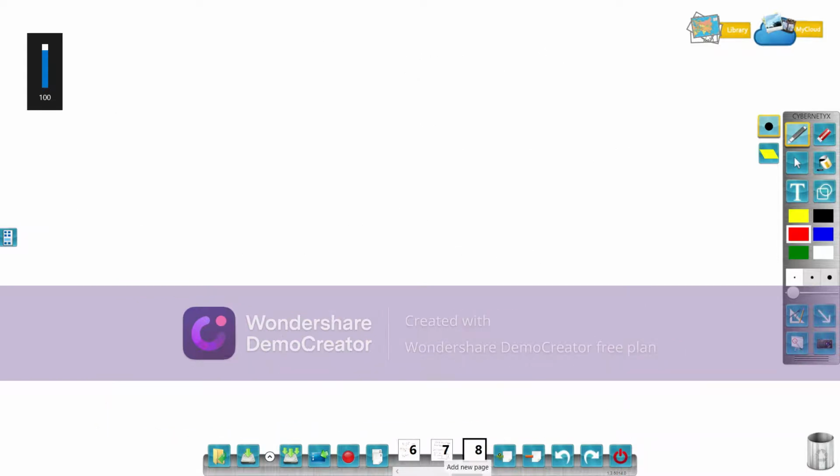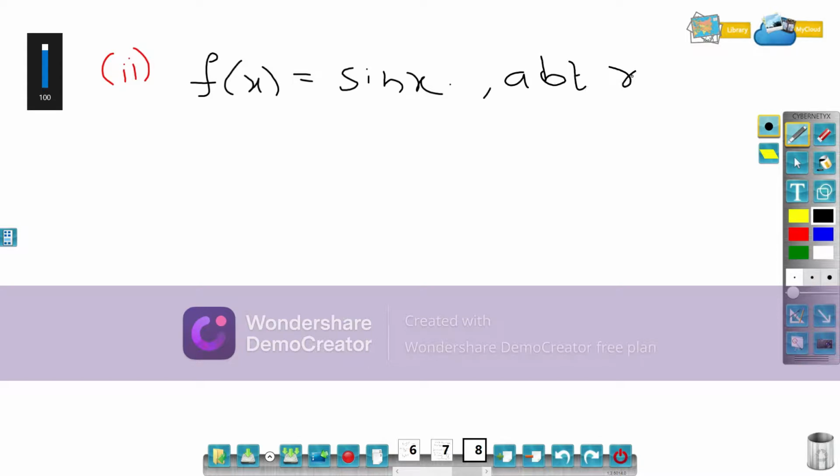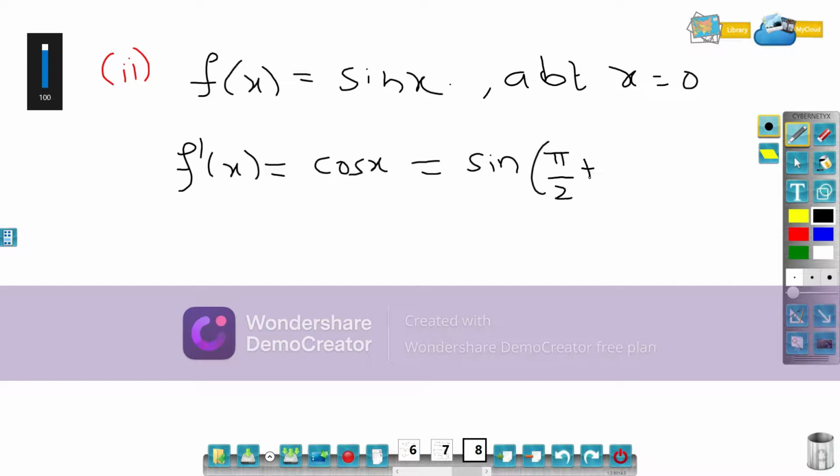Okay. Second example, find out the expansion of f of x is equal to sin x about x is equal to 0. So let me calculate f dash x. F dash x is cos x, which is same as sin of pi by 2 plus x.